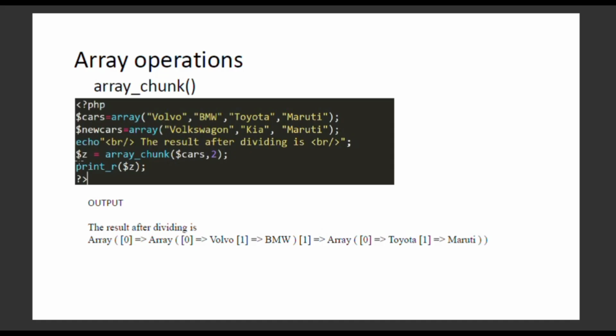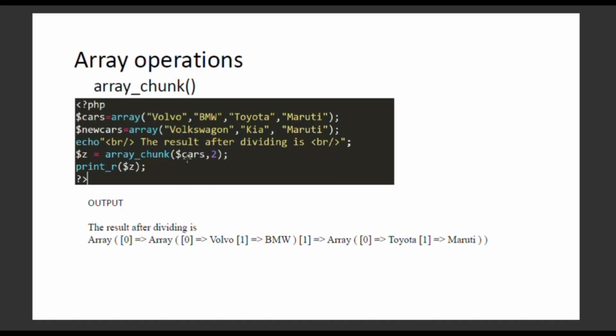And here you can see $z, it holds the chunk values. Here you can see the array_chunk built-in function, and here I have given the parameters as $cars, meaning the array name, and comma 2.